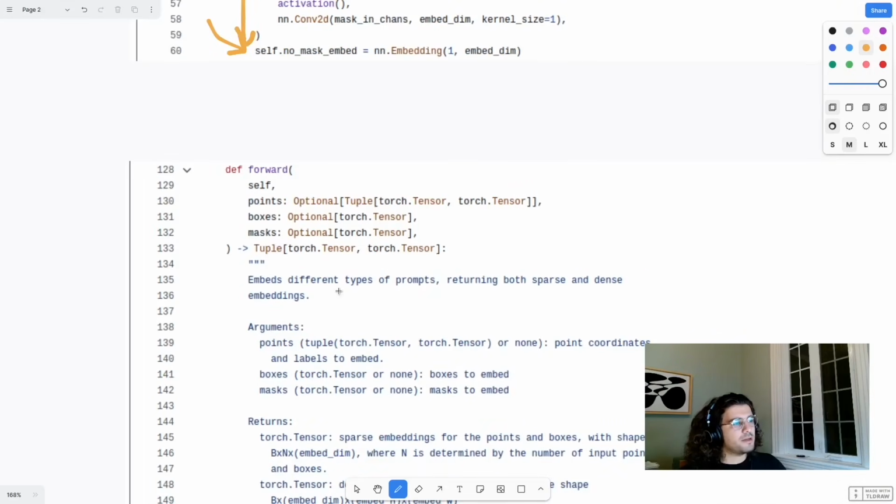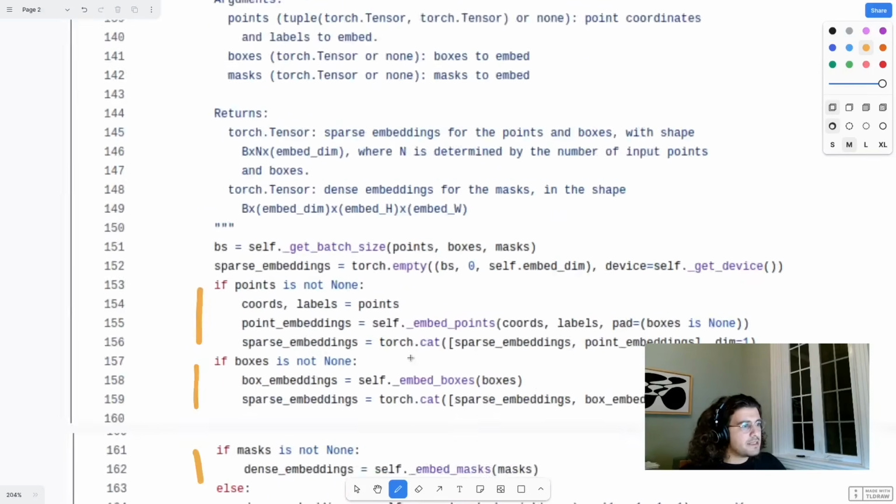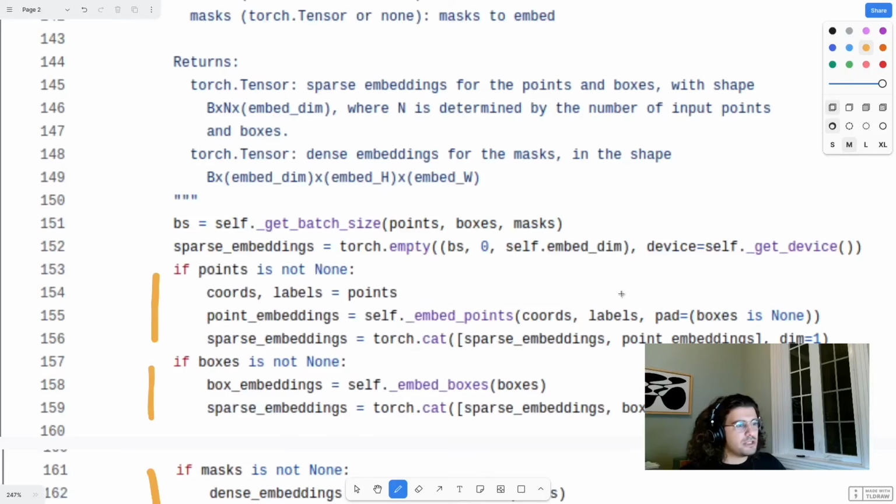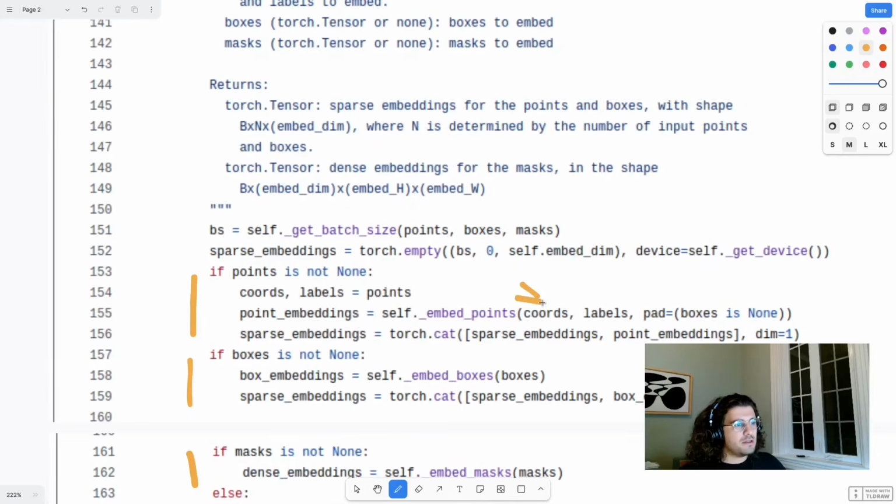All right, so let's take a look at the forward. In the forward here, we're going to embed the different types of prompt, and then we're going to have two classes: the sparse embedding and the dense embedding. Dense is just the mask that we're going to return, it's denser, and the sparse is the points, boxes and text, but text is not added in this. If there is a point, we're just going to jam the coordinates and the labels in there into our embed points, which will create an embedding, and then we're going to concatenate it to our sparse embedding.